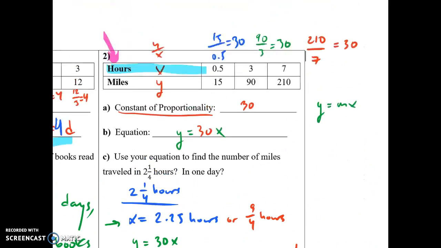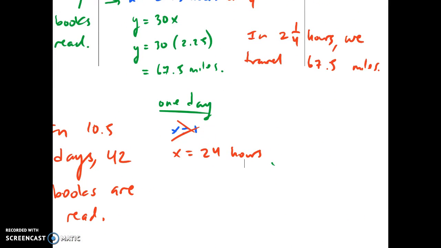All right, so everything looks good, and we continue as we did with the other question. Rewrite your equation. Always rewrite your equation. Y equals 30x. Since we only have x equals 24 hours, we only have to replace x with 24. So 30 times 24.